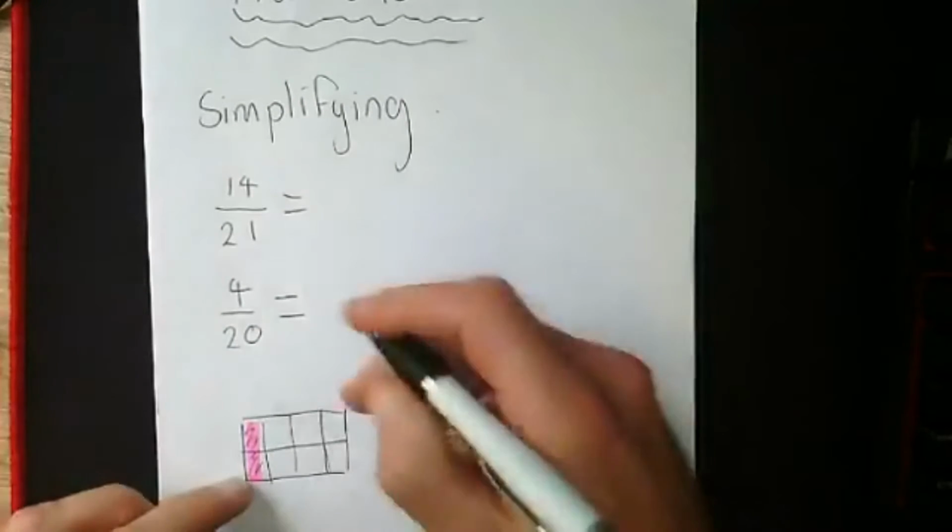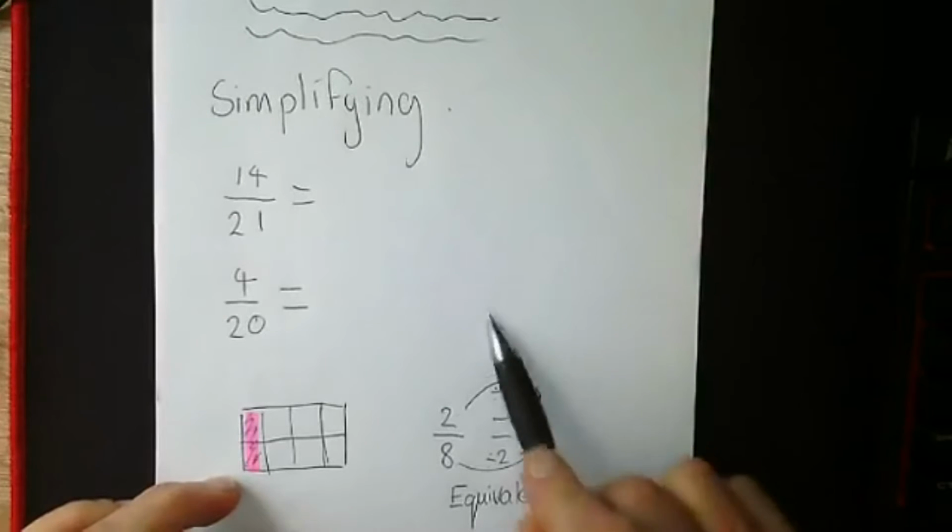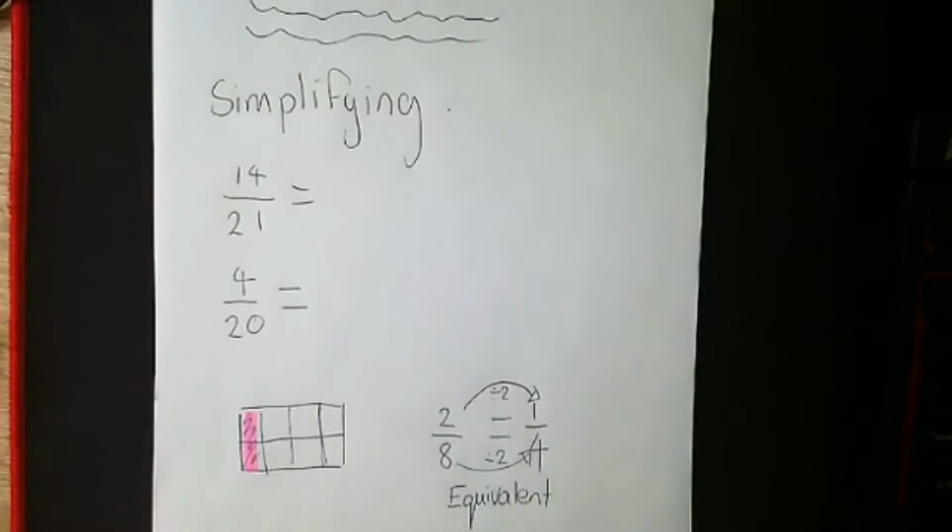So let's take 4 out of 20. We discussed yesterday: does it matter how many steps you take to get the most simplified form of a fraction? The answer to that is yes and no. A big no for the final answer, because as long as you get to the most simplified form, then you've got it right.